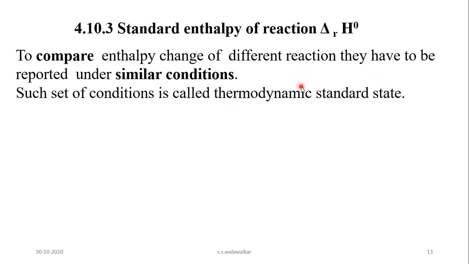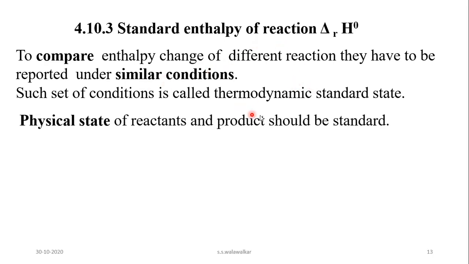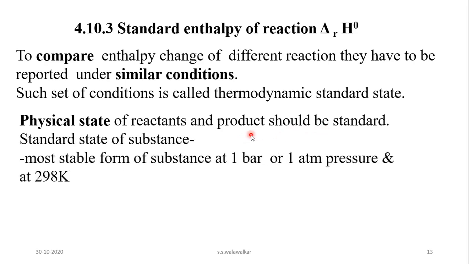Some standards are fixed to compare the enthalpies of different reactions, and these standard states are: the physical state of reactant and product should be standard. What does that mean? The standard state of a substance is the most stable form of that substance.